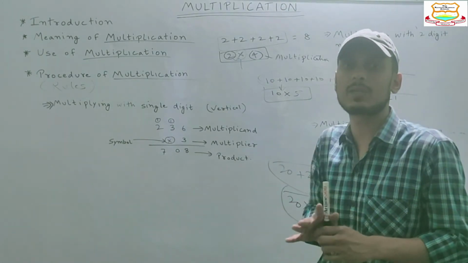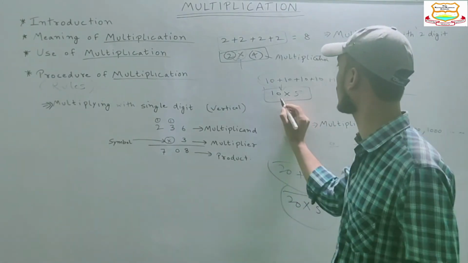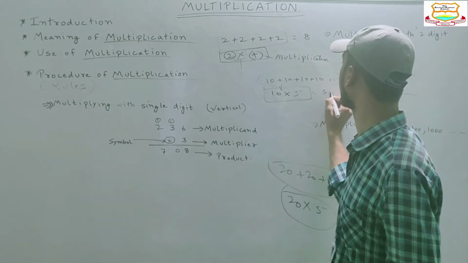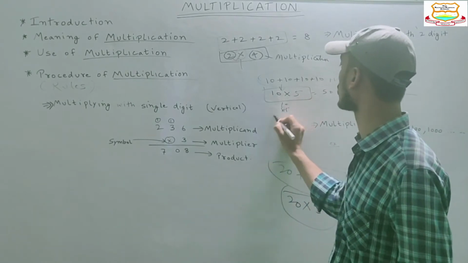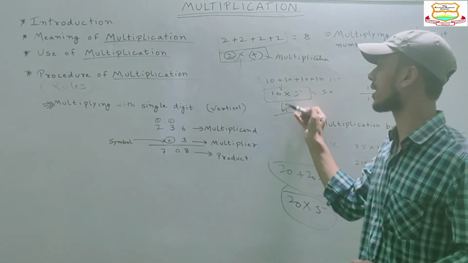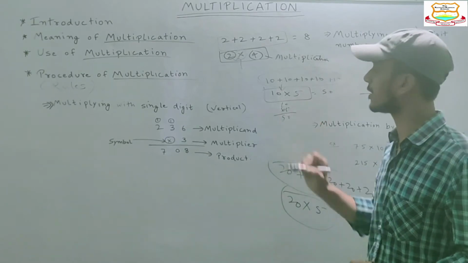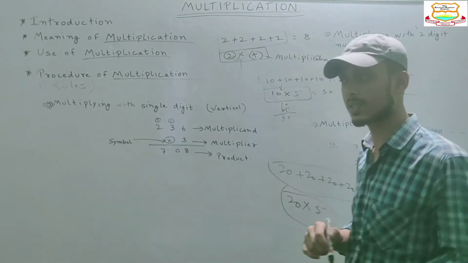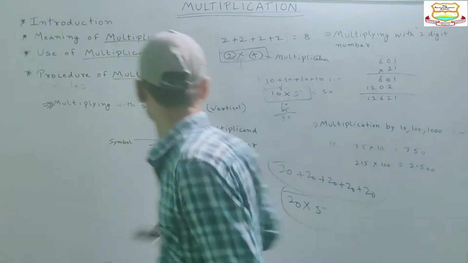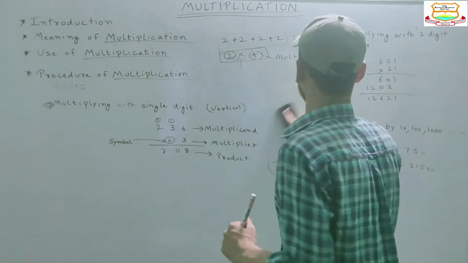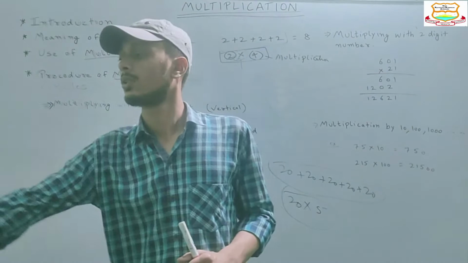Some numbers can be multiplied horizontally, for example 10 into 5 equals 50. You can multiply like this also, or you can write one above the other. The answer will be the same. Let me rub this. Have you understood?